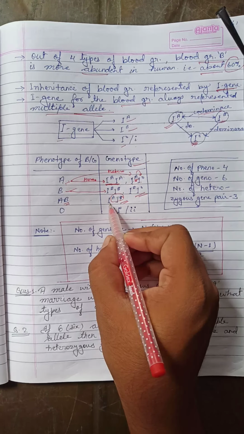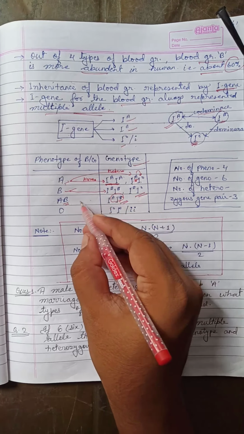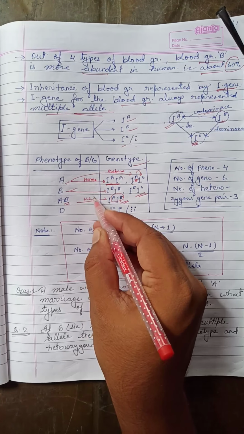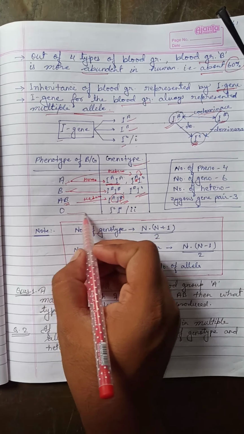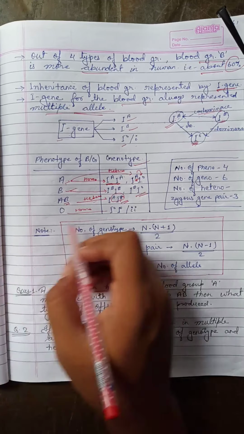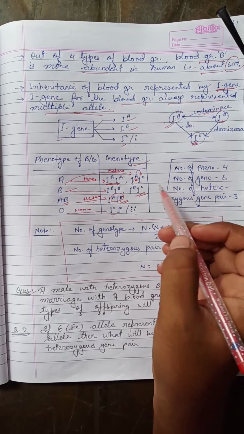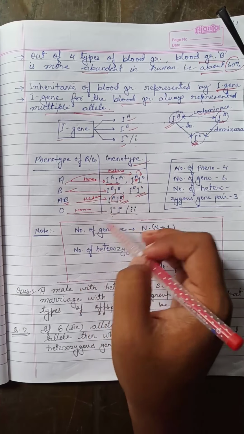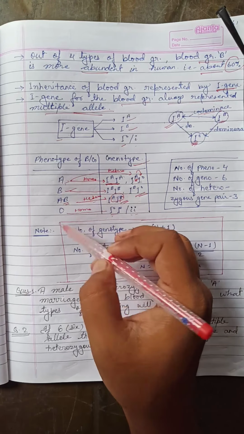That's why IA and IB are present. That is heterozygous. It will always show the heterozygous condition. And O always shows the homozygous condition. That is either IO IO or small i small i. These are the 6 different genotypes of different blood groups.